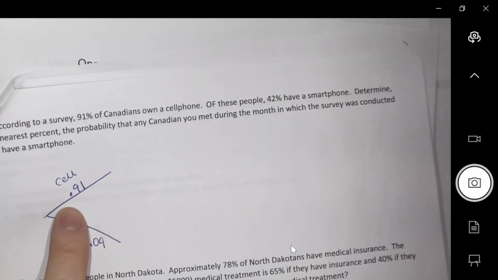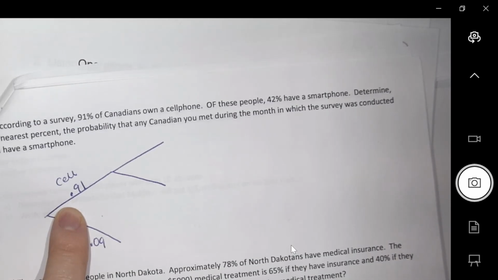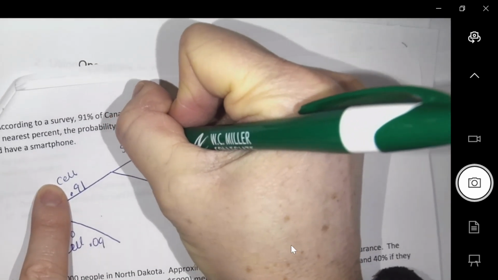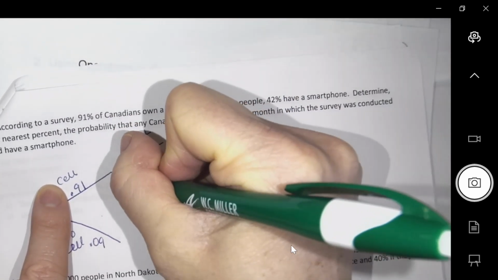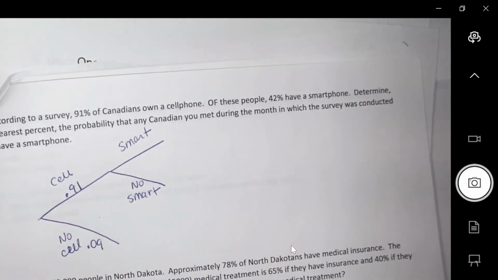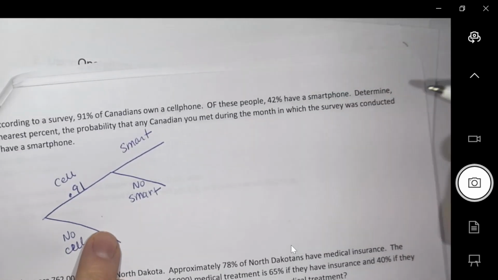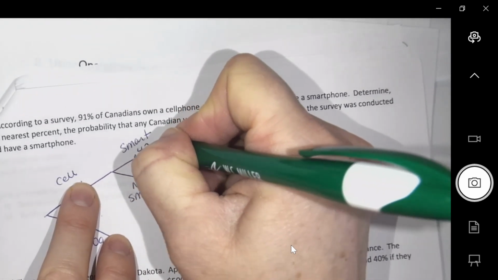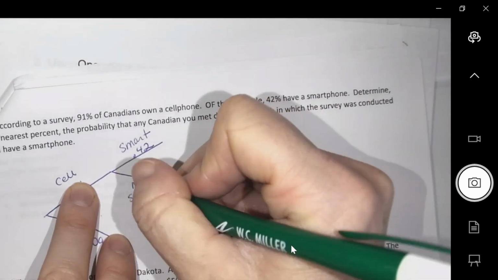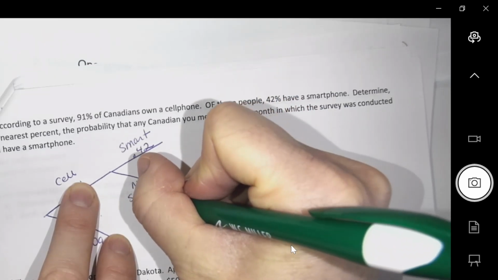Of the people that own a cell phone, how many have smartphones or not smartphones? Out of those people, 42% have smartphones, and what's left? 58%.